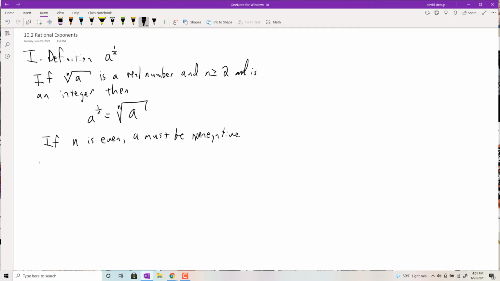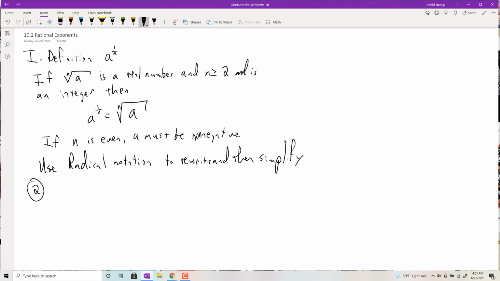And basically the directions use radical notation to rewrite and then simplify. As usual, sorry about my handwriting.